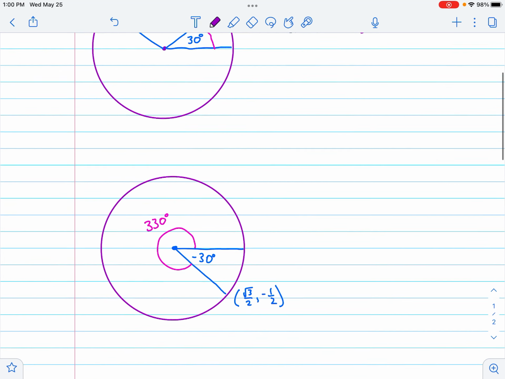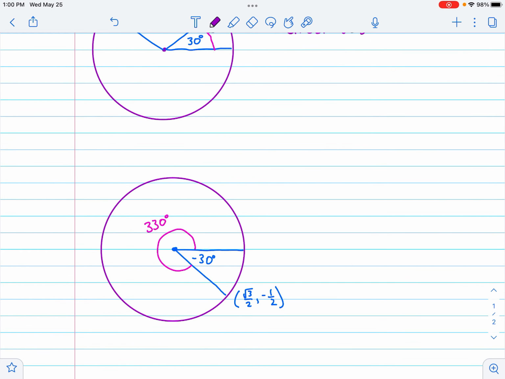Now let's look at another example. Let's suppose we have inverse sine of negative 1/2. Sine has an output of negative 1/2 in quadrant 3 and in quadrant 4.